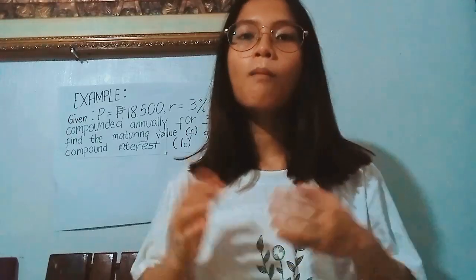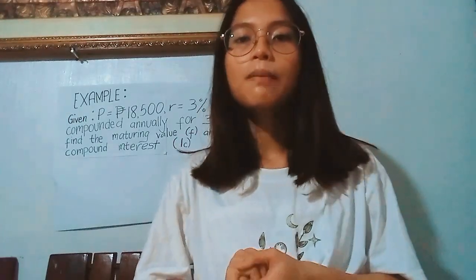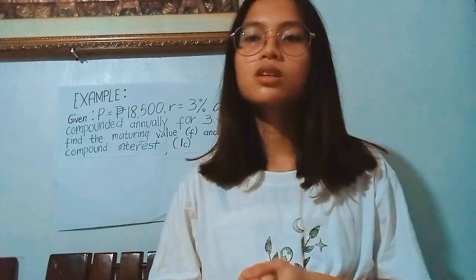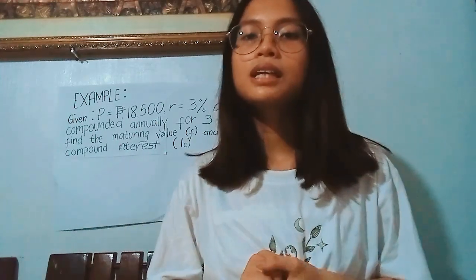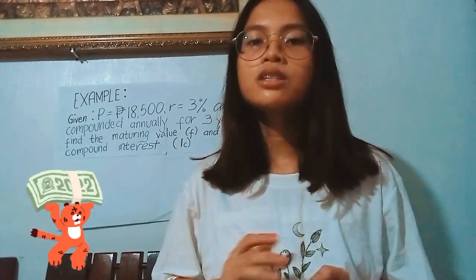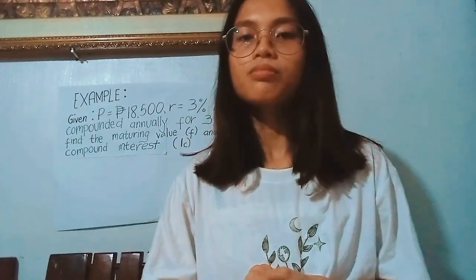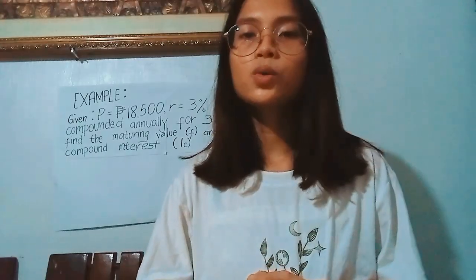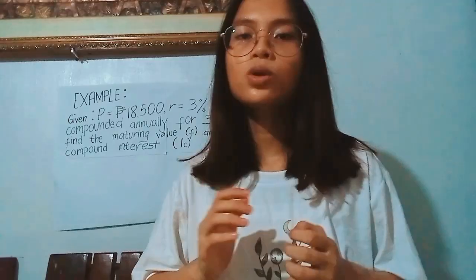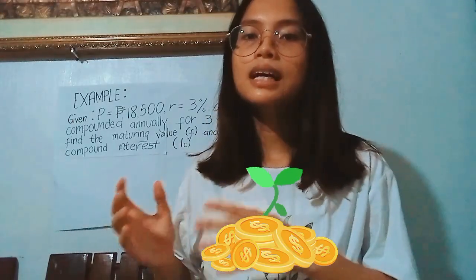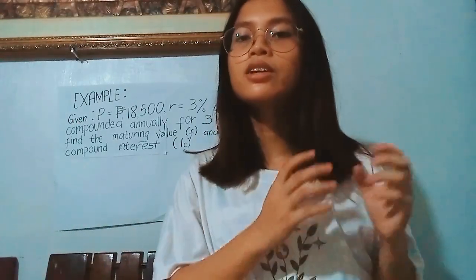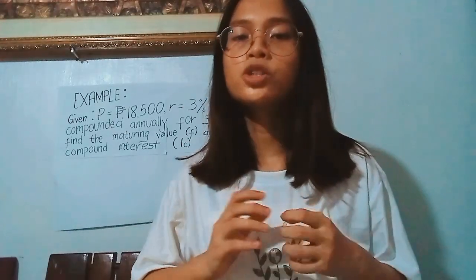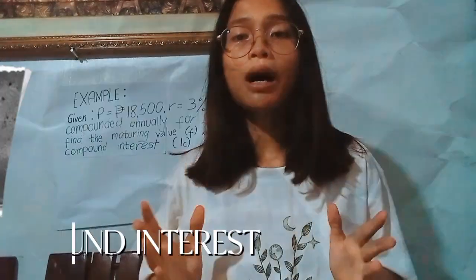Dito ang kinagandahan ng compound interest for the investor: kapag lumipas na yung isang buong taon, since compounded annually, magkakaroon siya ng interest for the span of 1 year at madadagdag sa principal. So, magbabago ngayon yung puhunan mo. And then, another year, magkakaroon siya ng panibagong tubo. Madadagdag ulit siya sa principal mo, tapos another year, for the last 3 years, magkakaroon siya ng another income, kaya siya tinatawag na compound interest.